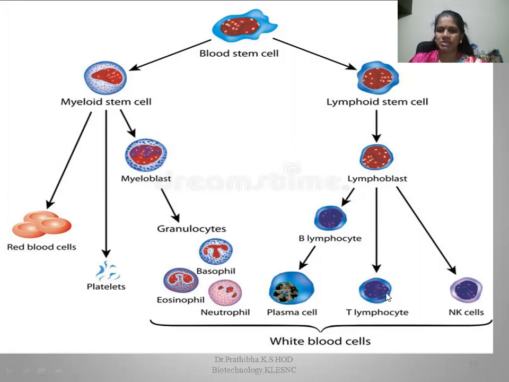So we have two types of lymphocytes, B lymphocytes and T lymphocytes, whereas these lymphoblasts are also responsible for the production of NK cells, natural killer cells. So all this comes under the white blood cells. Eosinophil, basophil and neutrophils are granulocytes, whereas lymphocyte and monocyte come under the agranulocytes.